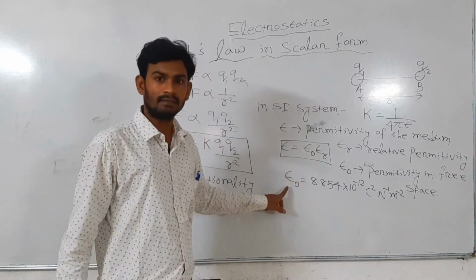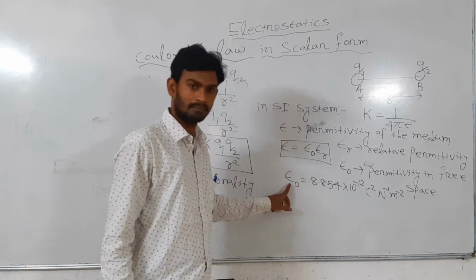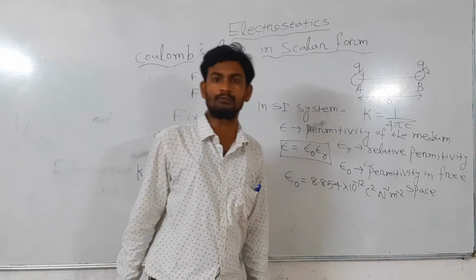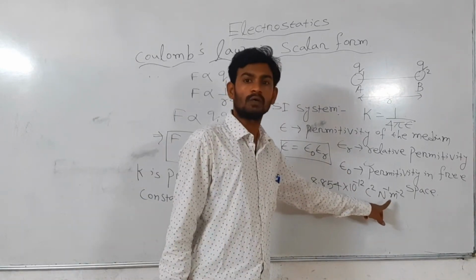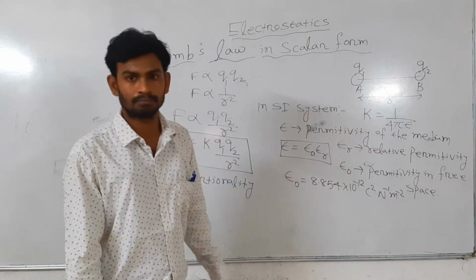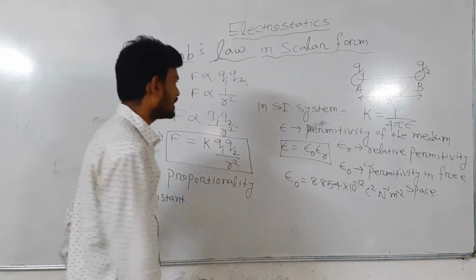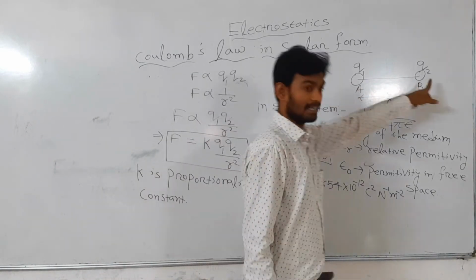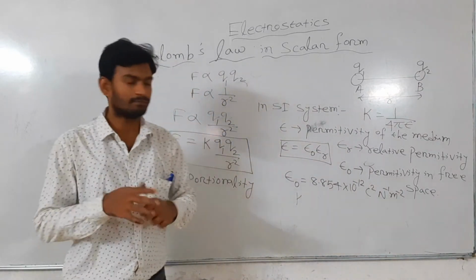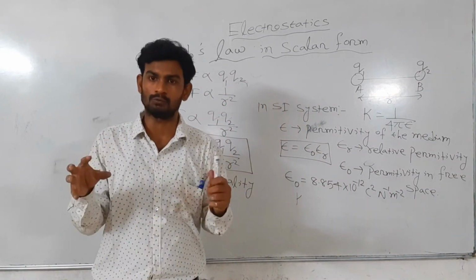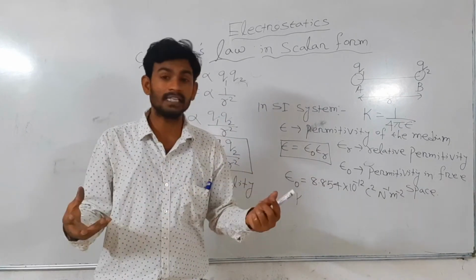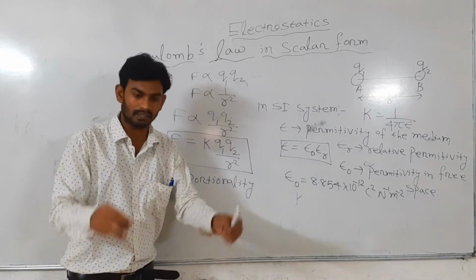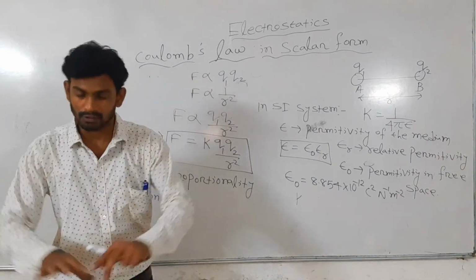You can write both: the permittivity in free space or in air is 8.854 into 10 to the power minus 12 Coulomb square per Newton per meter square. So these are the values. When the medium is air, let us suppose we have considered these two charges Q1 and Q2 placed in air, on a table.